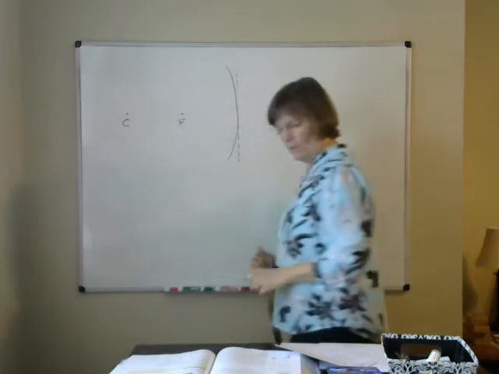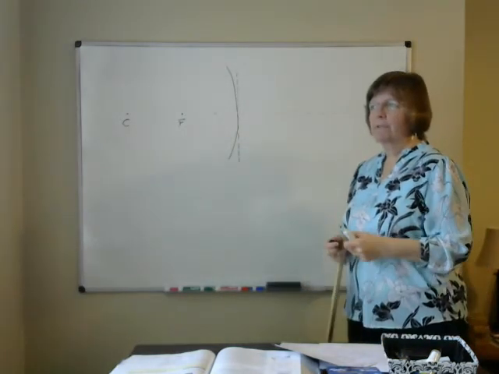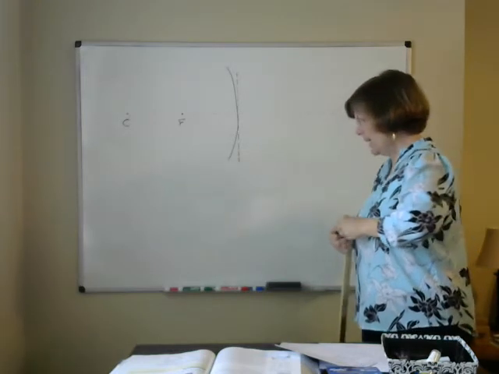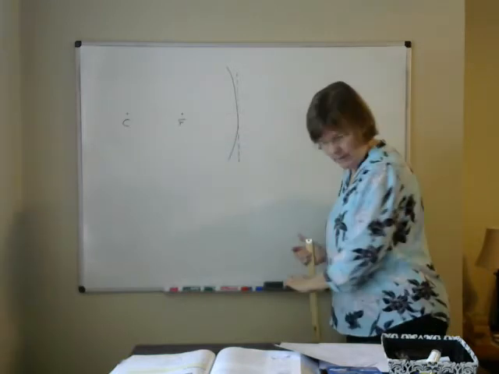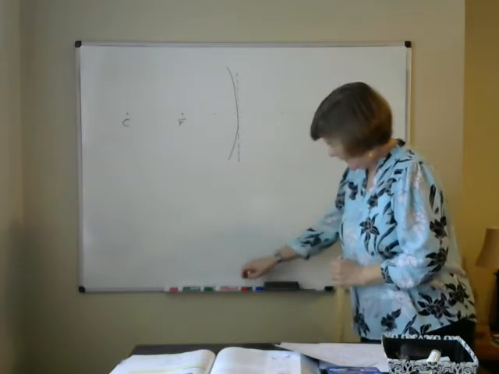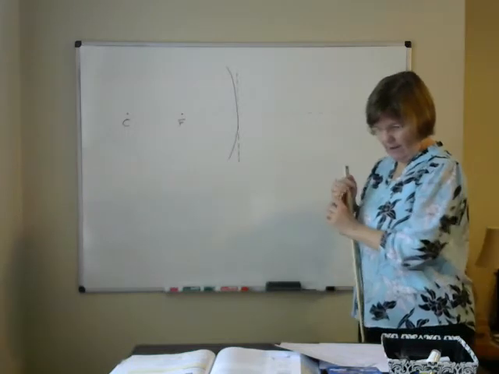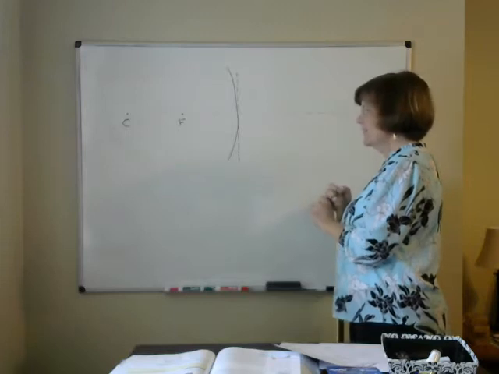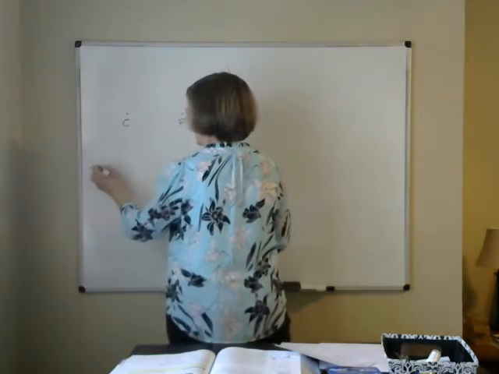Okay. We want to just look at what we call the primary rays or principal rays. How does this type of mirror work? Well, any ray parallel to the optic axis is reflected through F. That's our first rule. Rule number 1.